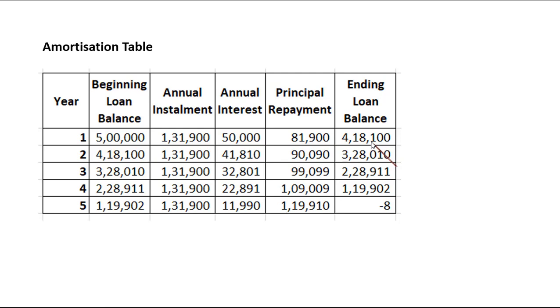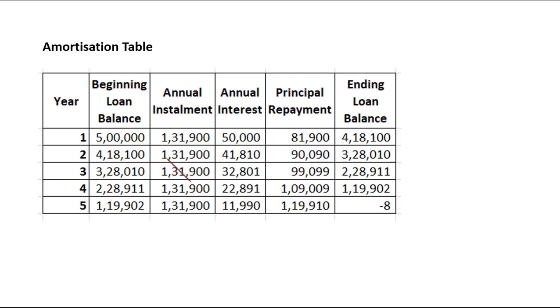So this is the ending loan balance for year 1, which also becomes the beginning loan balance, or the starting loan balance, for year 2. Again, we are going to pay the fixed installment, the annuity, 131,900. But this time, the annual interest will be calculated on 418,100. So 10% of this is 41,810.